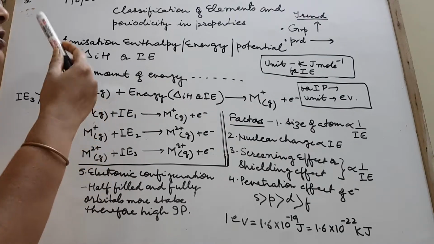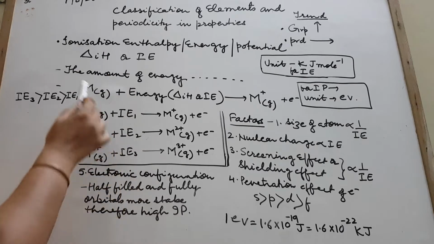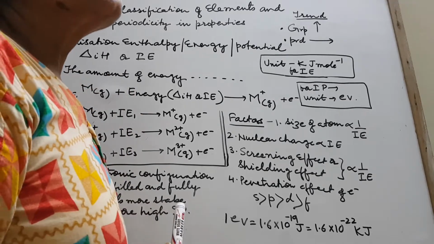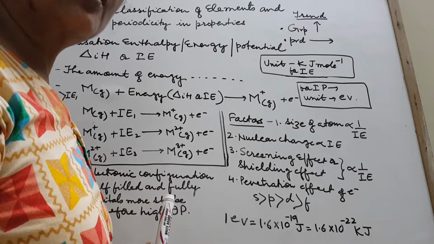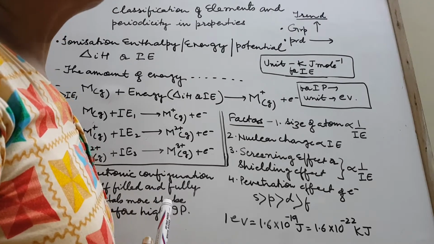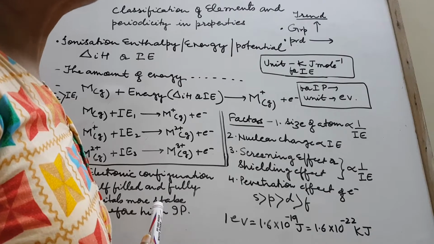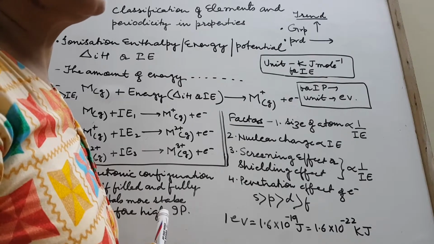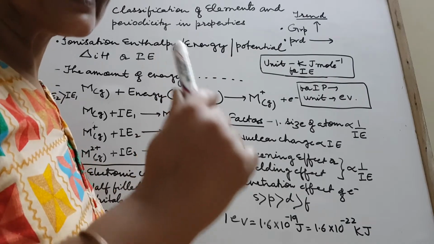Now, what is this? This is the amount of energy required to pull out the most loosely bonded electron from a neutral, isolated, gaseous atom such that it gets converted into a gaseous cation.